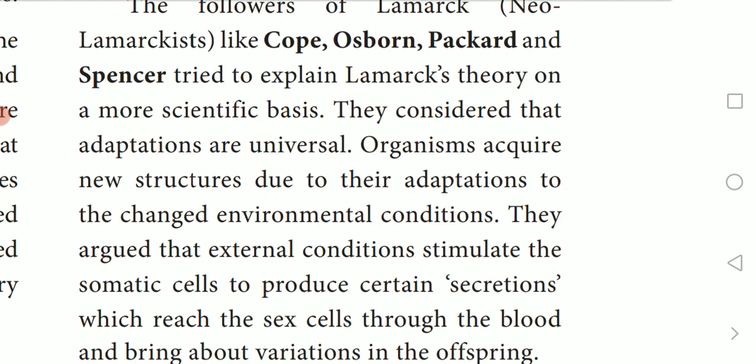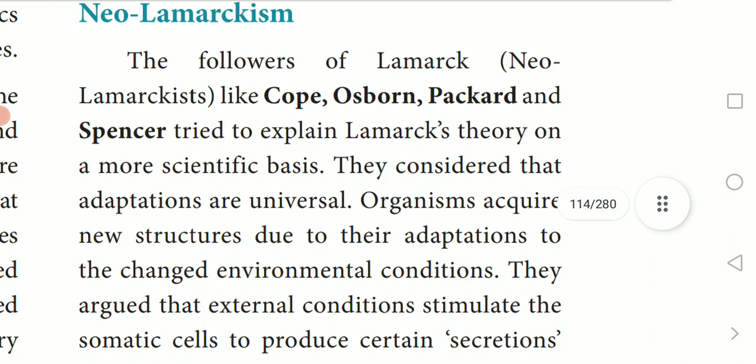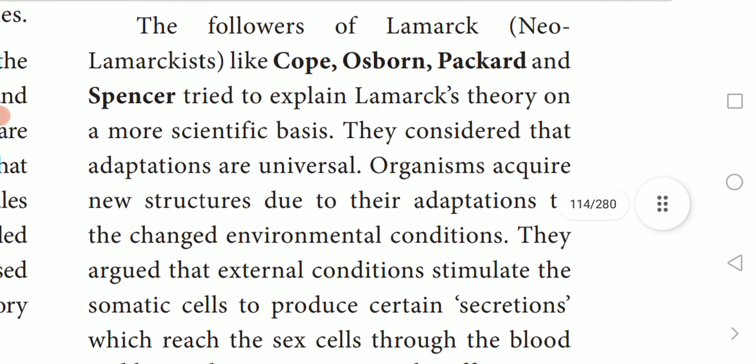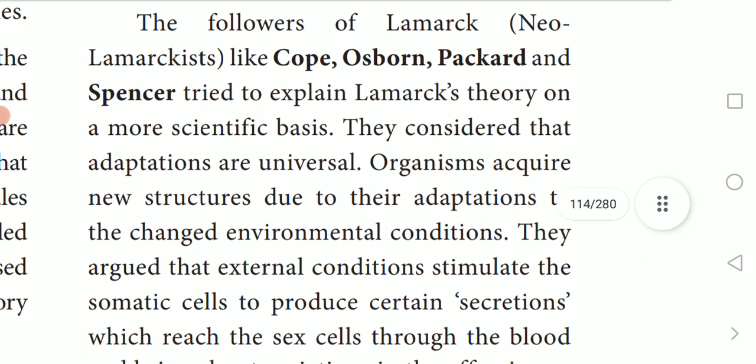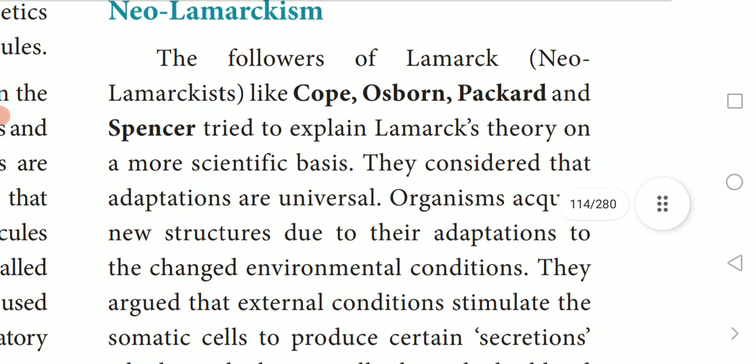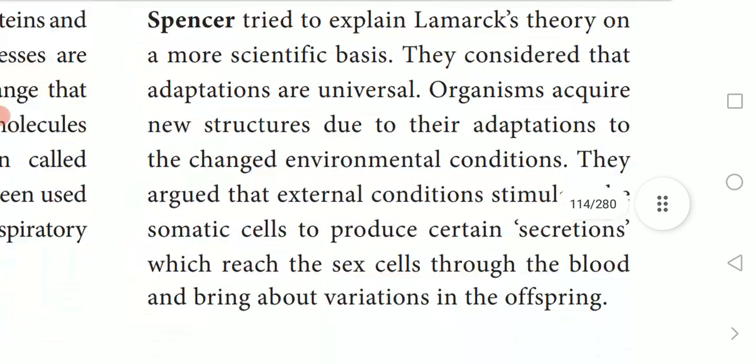If any organism acquires new structures or new behaviors and characters due to its surroundings, that is due to adaptation to the changed environmental conditions, which they call external conditions.